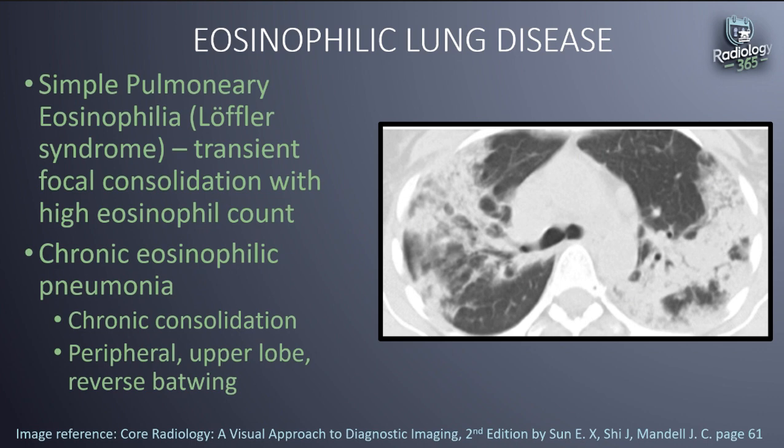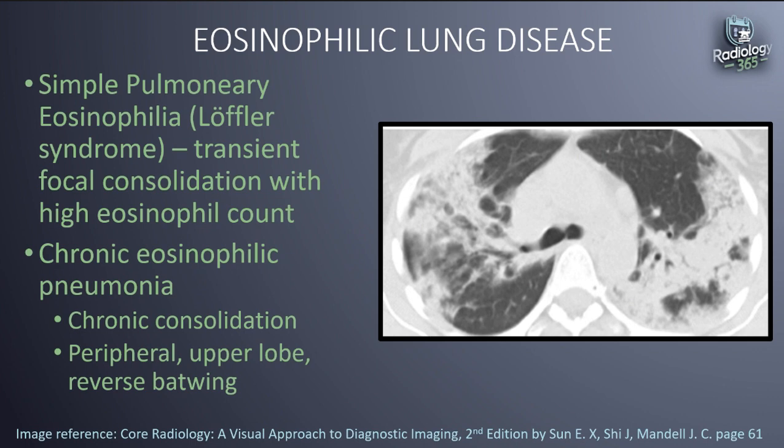Now, the fact that we are also calling it transient and migratory tells us we need more than just one image. You would need prior images, you need follow-up imaging to follow the course, and then you can confidently make your diagnosis of simple pulmonary eosinophilia or Loeffler syndrome.